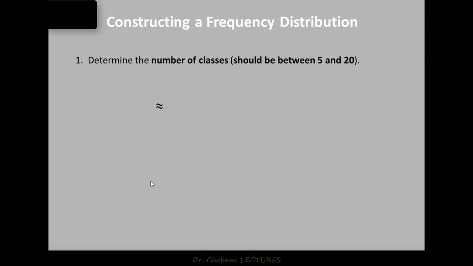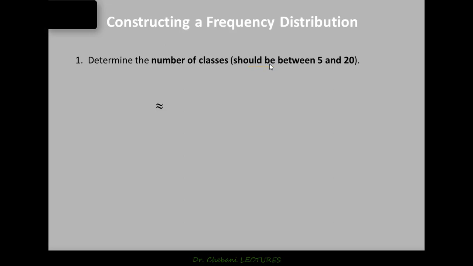The rough guideline is that you should have anywhere from 5 to 20 classes, 20 being the maximum, 5 being the minimum. Again, this will come by practice as you work through different problems. Okay, so that's the guidelines there.